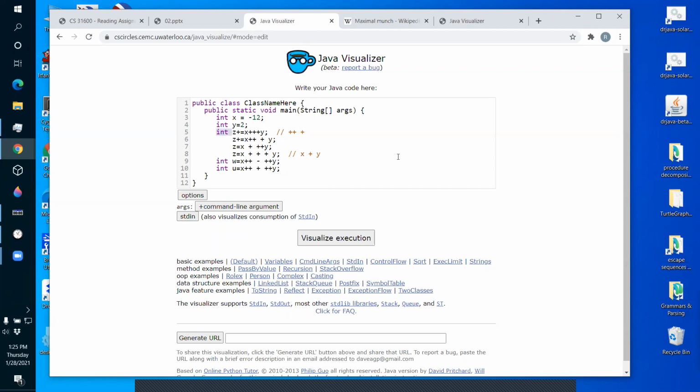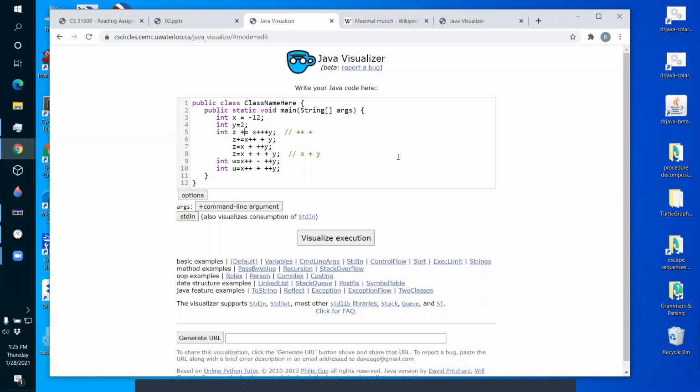Int, what you said is right. But you have to explain it in more steps. So this tokenizes as int, Z, then what? Plus equals. The plus equal operator followed by this stuff here, okay? What's wrong with that?